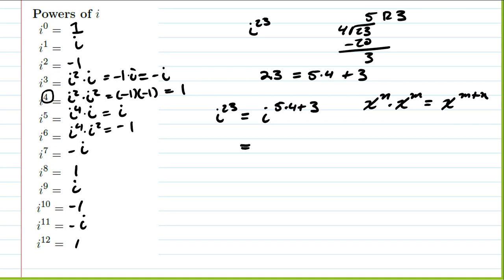So then this, using it backwards with my m and my n, so if my n is going to be 3 and my m is going to be 5 times 4, I would get i to the third times i to the 5 times 4.